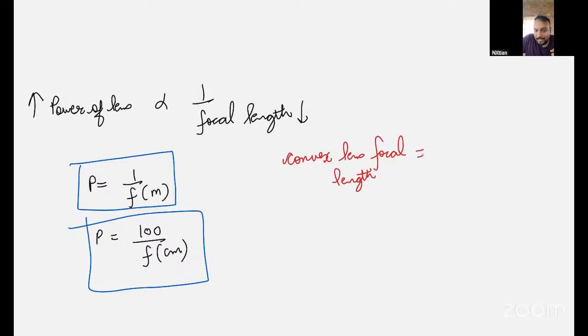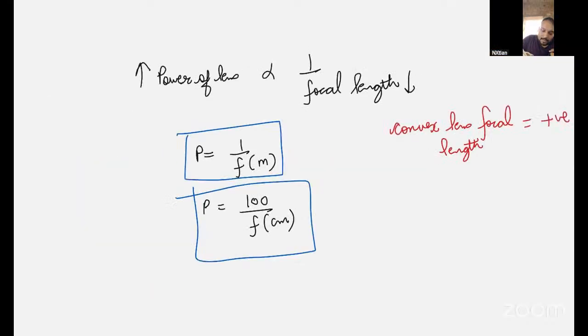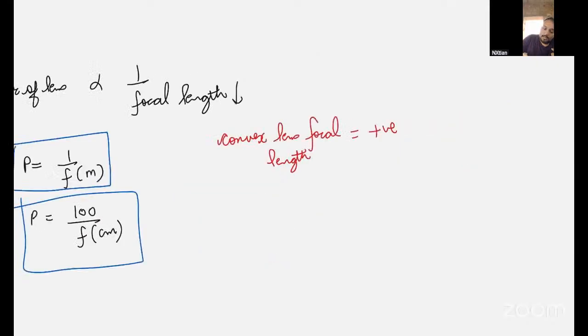So it's positive. So if focal length is positive in this case, then power will also be positive. It means that the power of a convex lens will also be positive.